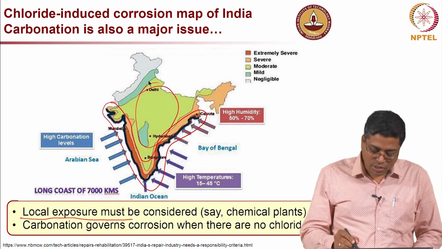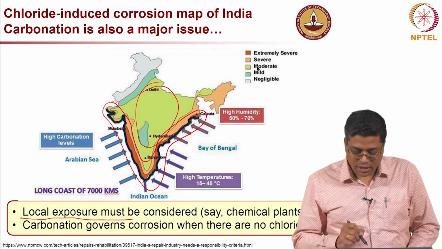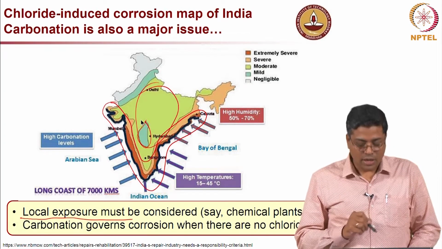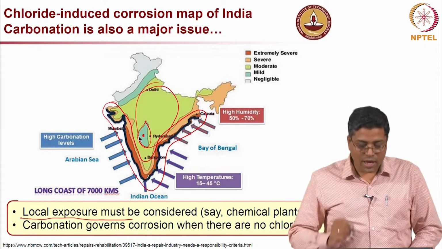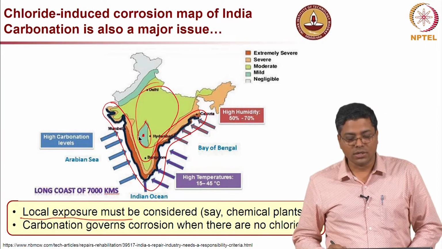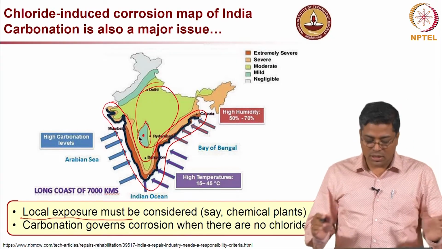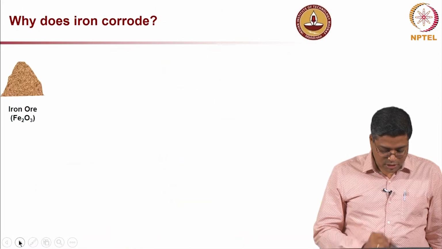So even though in this map Delhi is coming as moderate condition, or some structure over here is mild, if I am constructing my chemical plant here, I may actually have a very high chloride condition. So we have to really think about the local environmental condition, not just the global conditions. This is very important to consider.